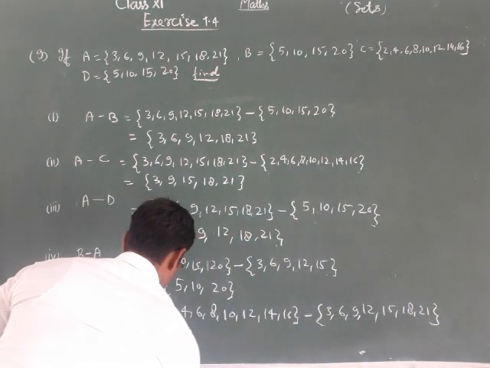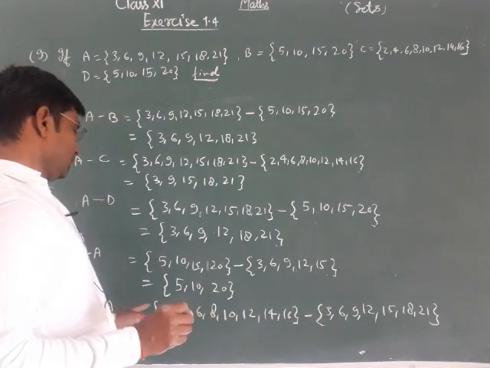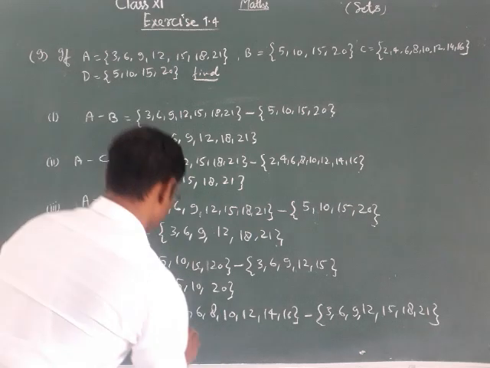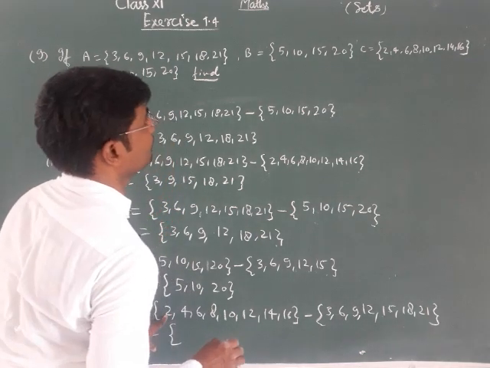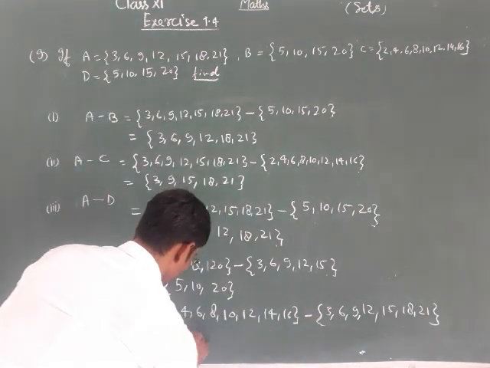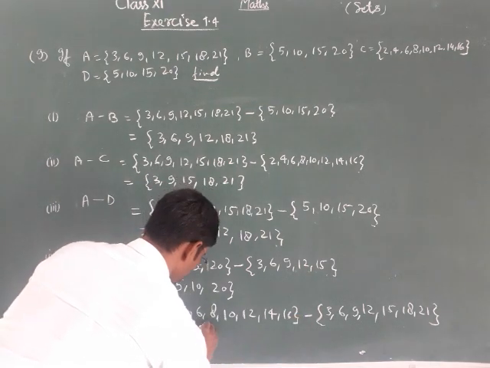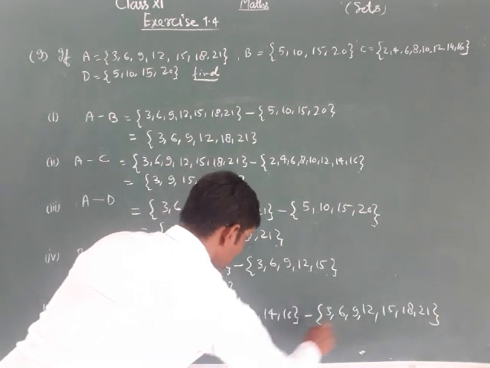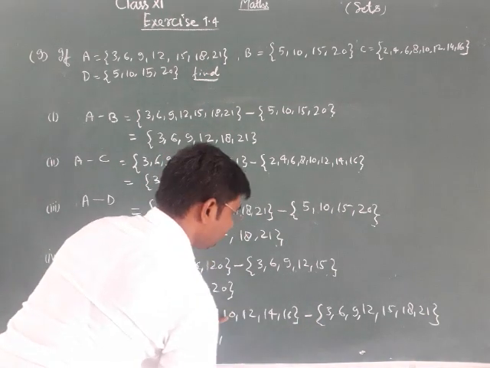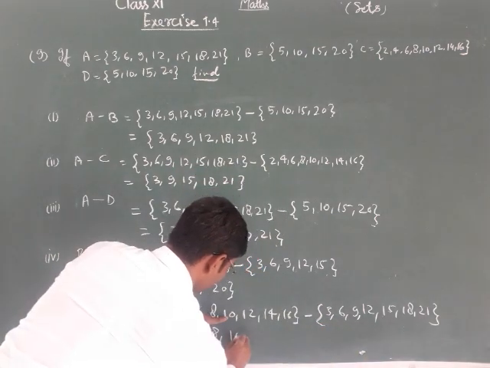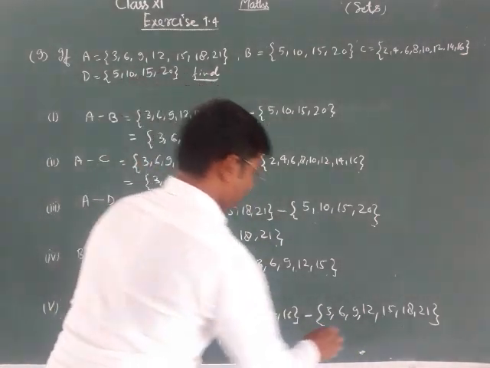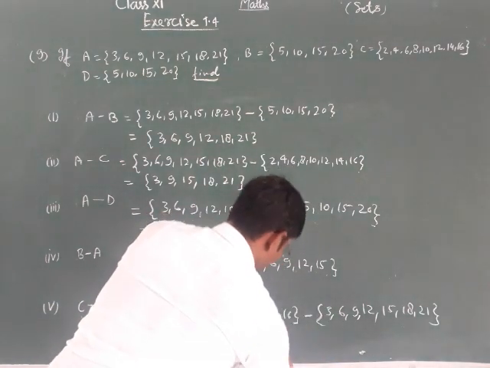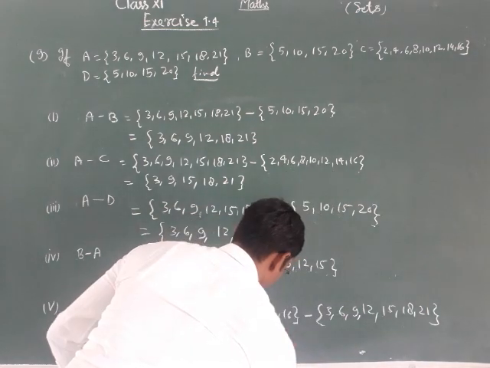So C minus A is the elements of C not present in set A. 2 and 4 are not present, 6 is present, 8 and 10 are not present, 12 is present, 14 and 16 are not present.